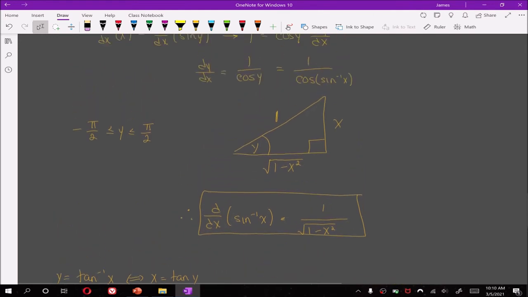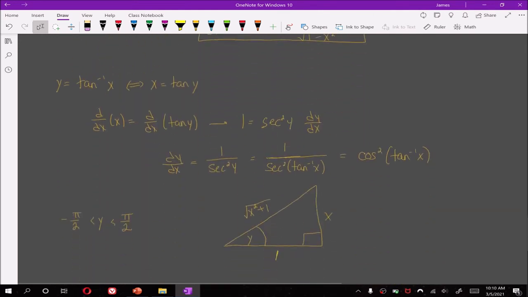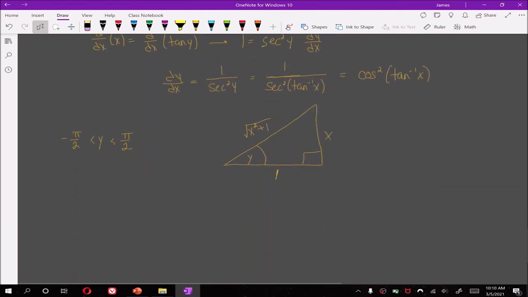Right, so much like we did up here, we have to look here and go, okay, since we are dealing with a cosine, once again, it is totally positive over this range, between negative pi over 2 and pi over 2.